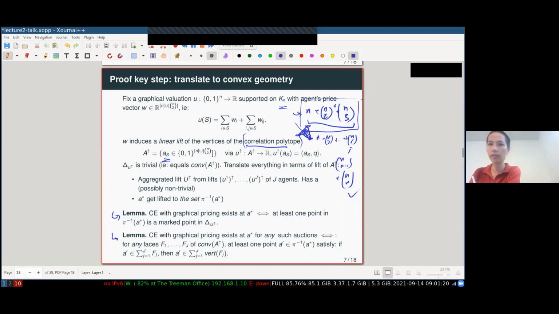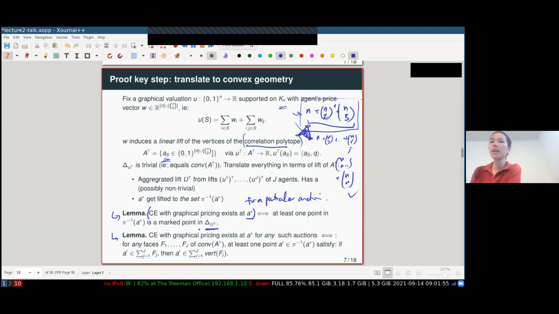Right. So the second lemma. This lemma said, how do I get competitive equilibrium at a point? And in my theorem, I want to basically get competitive equilibrium. So this is how do I get competitive equilibrium at a point for a particular auction, right? Because my condition said that some set is a set of marked points in the aggregated valuation.